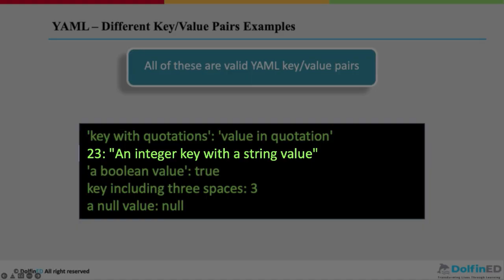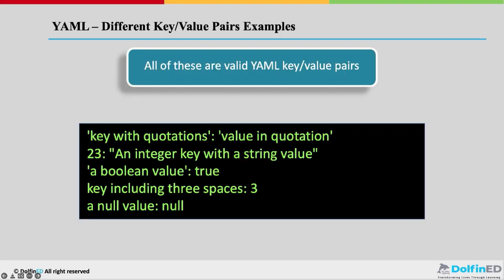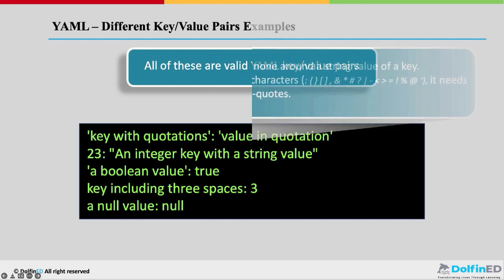The key could be a number, in this case 23rd, represented by a number, and then it's going to be assigned a string. Could be a string assigned a Boolean value. It could be a key with multiple words and spaces assigned a number, or it could be a string and then the value is null. So all of these are valid representations of key values in YAML.